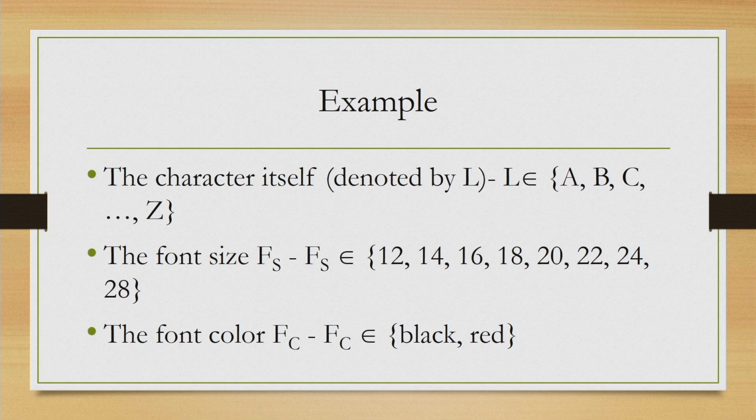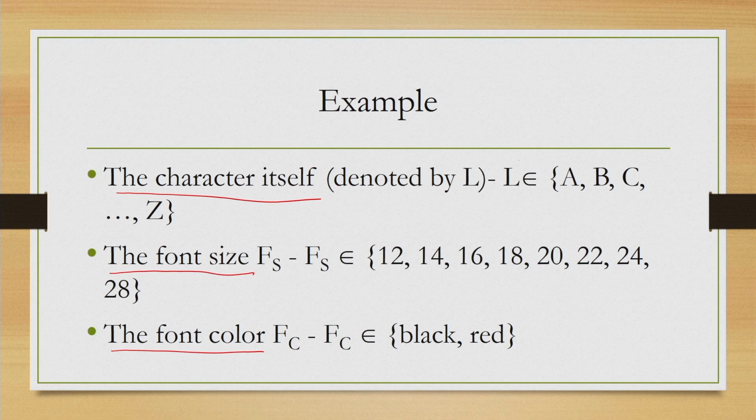Now, in this case there are three variables. One is the variable representing the character, one is the variable representing the size of the font, and the third variable represents the color of the font. Now, for simplicity we are assuming that the character can take value from the English alphabet of capital letters.